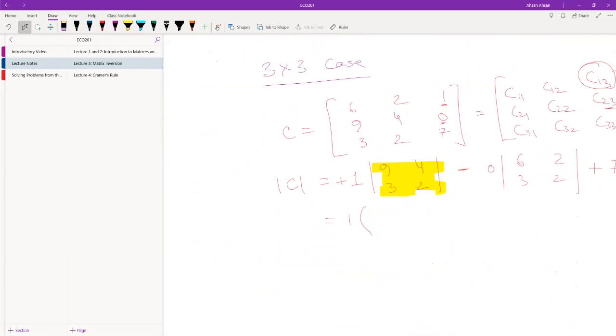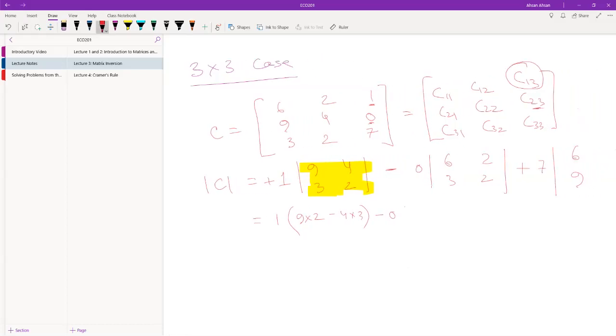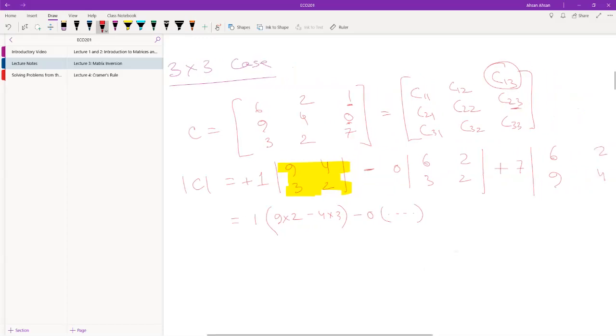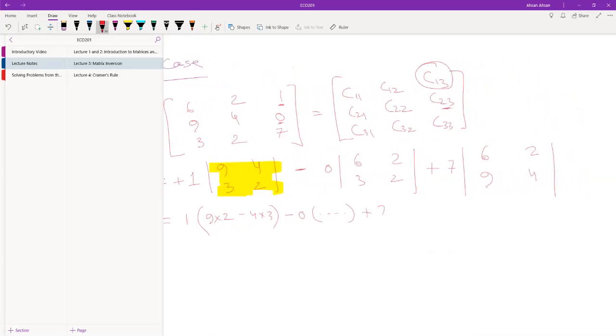And so what that will give us is, I keep making this mistake, 9 times 2 minus 4 times 3 minus 0 times, well, whatever happens in here doesn't matter because we're multiplying it with 0, so there's 0, plus 7 times 6 times 4 minus 9 times 2.